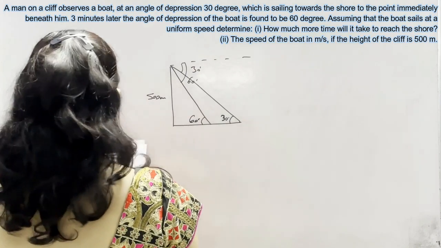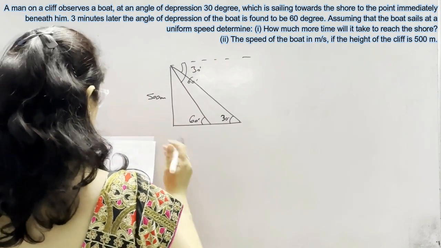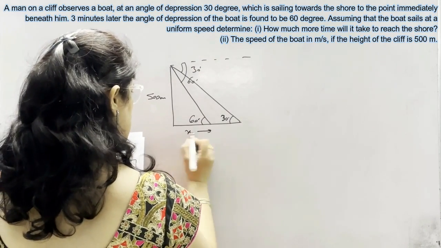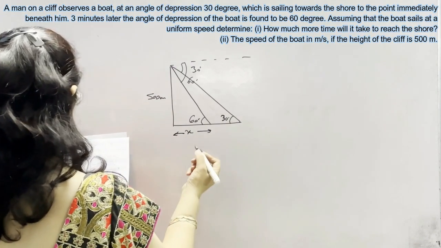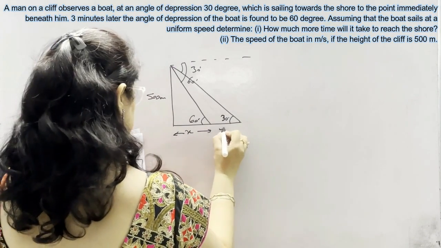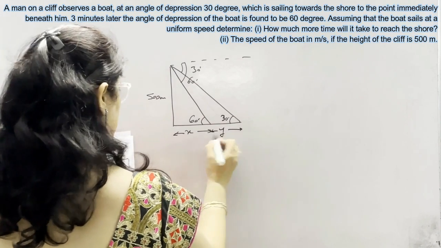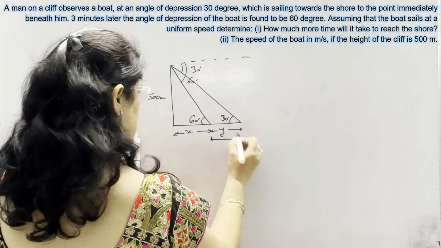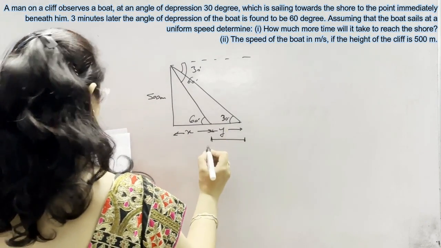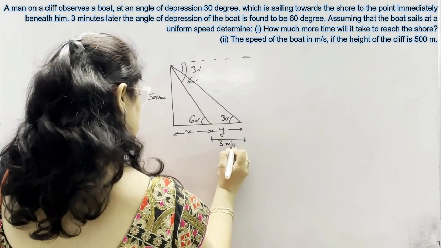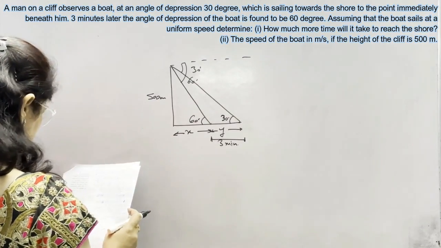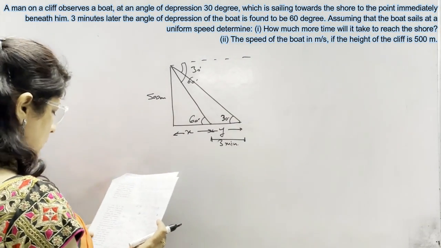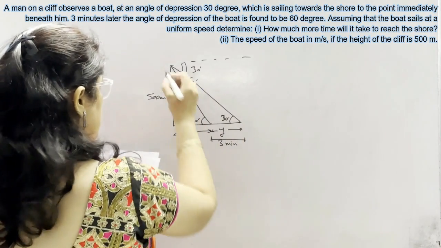So here it is 60 degree. Now we can take this distance as x and another distance as y, and the time taken to cover this distance, from this angle of elevation changing from 30 to 60 degree, is 3 minutes. Now assuming the boat sails at a uniform speed, coming to the question.